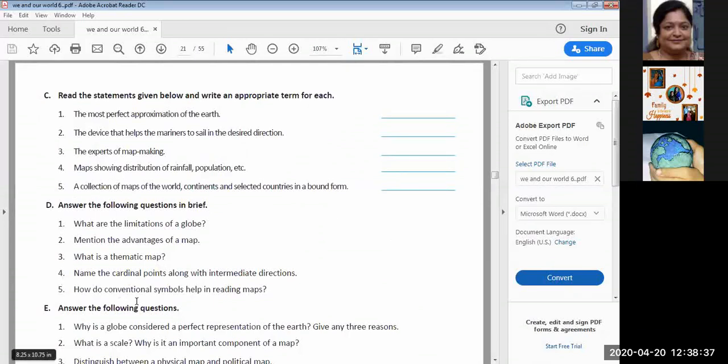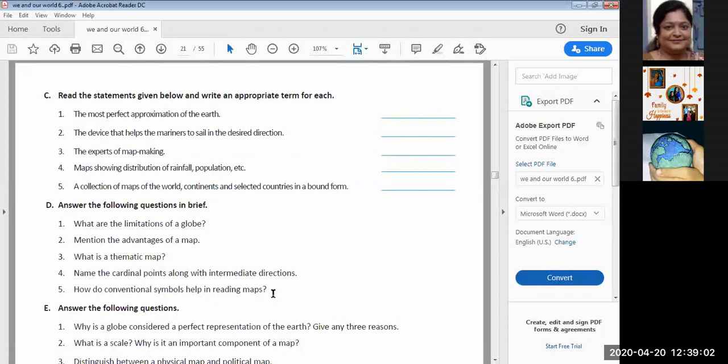Okay. How do conventional symbols help in reading a map? Conventional symbols are the same or common all over the world. So when we see those symbols, it becomes very easy for us to read a map in any part of the world. So we'll not have any problem in reading maps, whether we are in India or outside India. Very good.